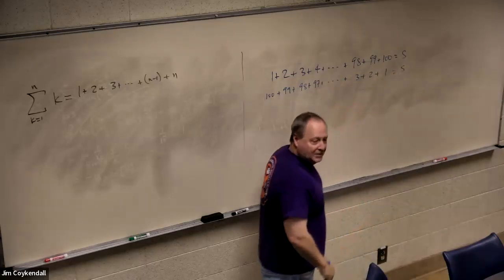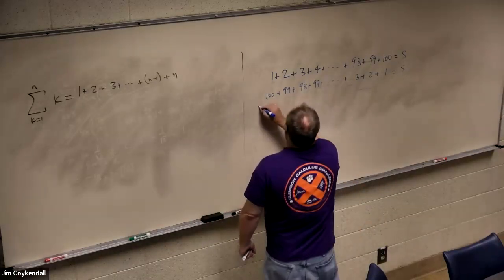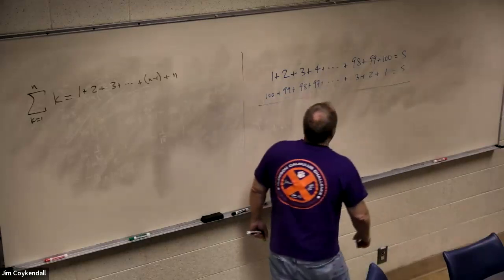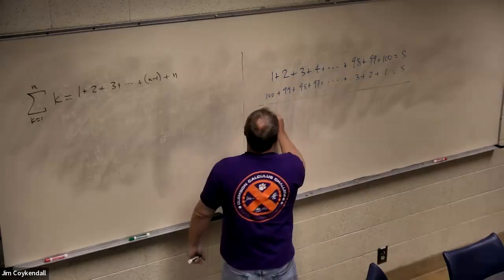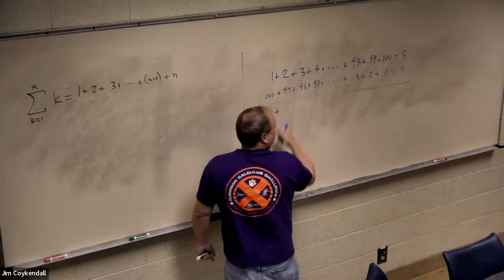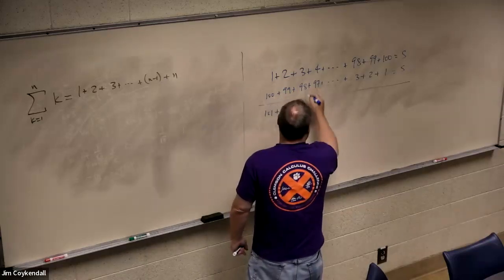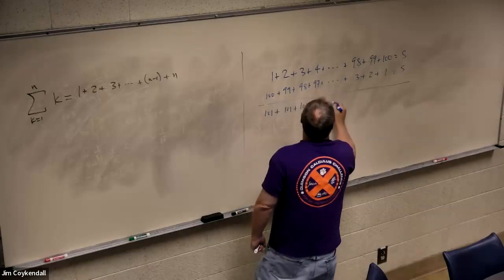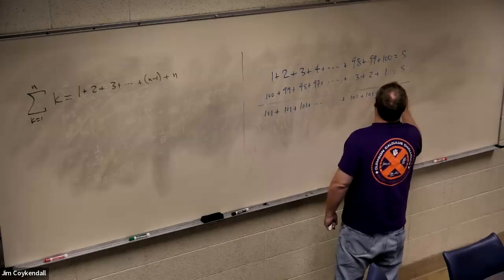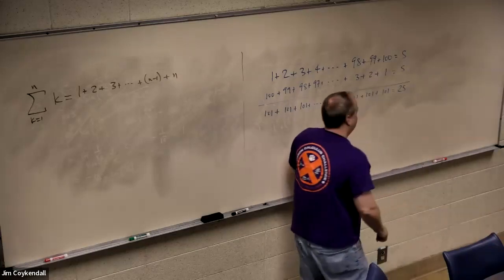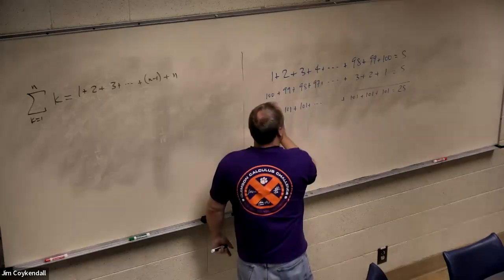Now add vertically. What's 1 and 100? What's 2 and 99? What's 3 and 98? So if you add 1 plus 100, by the way, how many times do you add this?